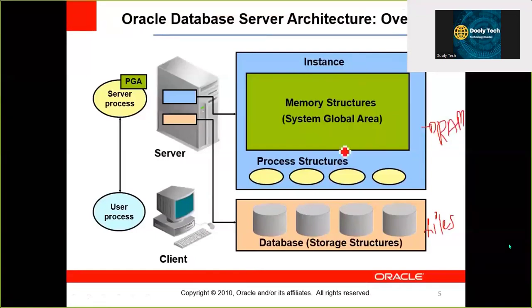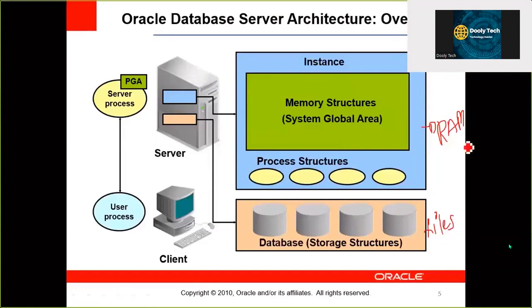The instance runs in memory, and through the instance we access the database, which is on the storage, which could be local storage like my laptop. On my laptop, I have the Oracle instance running in my memory, and in the local hard disk, I have my database. Or it could be shared storage, storage on a network. Local hard disk or network storage.